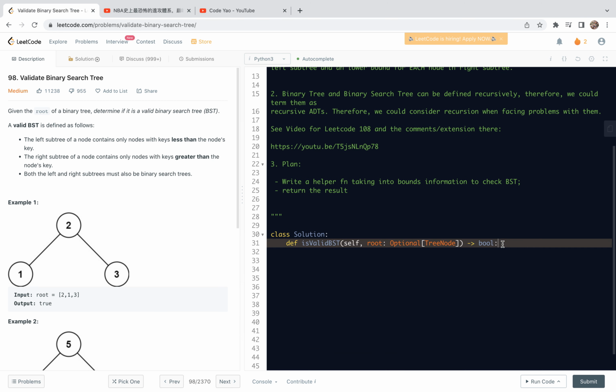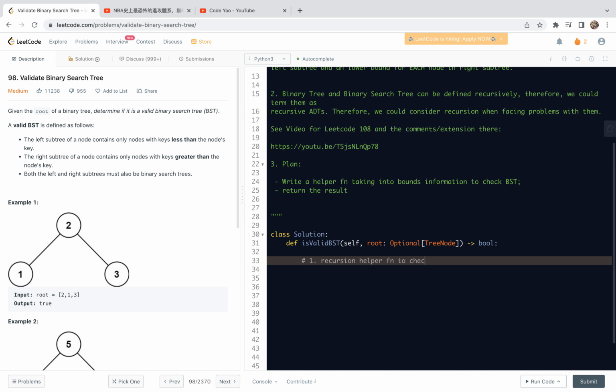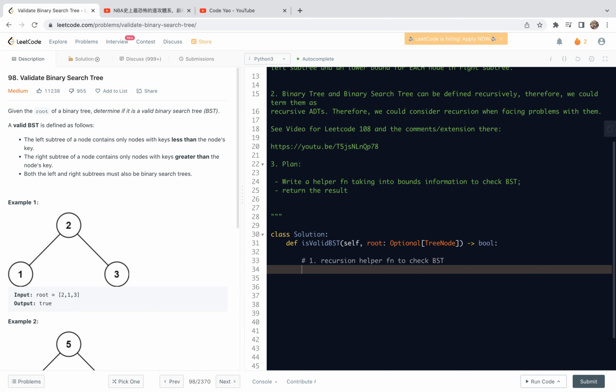The code is very straightforward and short. First I'm going to write a recursive helper function to check BST. The function signature in this solution does not have the bounds information, so we can regard this one as a wrapper. So we write a function with the bound information.